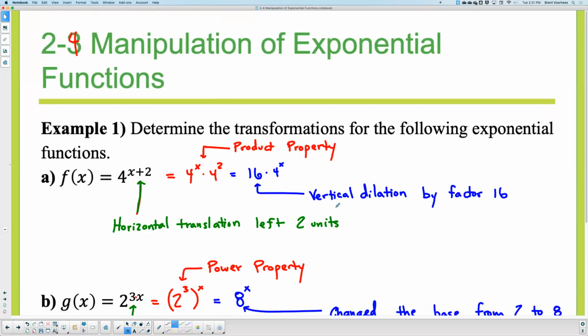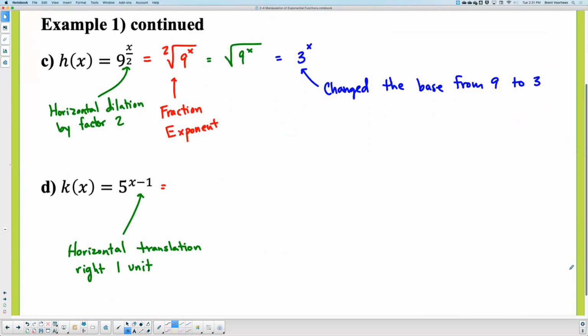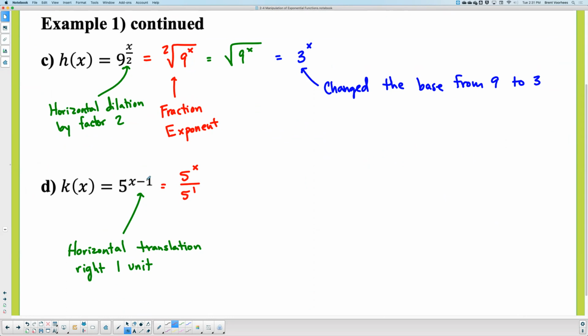So I'm going to change this as 5 to the power of x over 5 to the power of 1. The negative portion goes to the denominator. Now, which property did we just get this from? Quotient property. Let's add that to the notes. That's the quotient property.